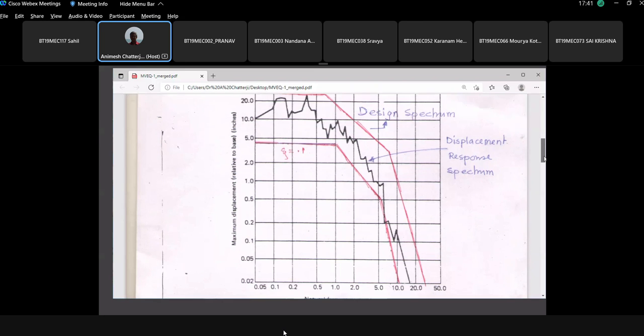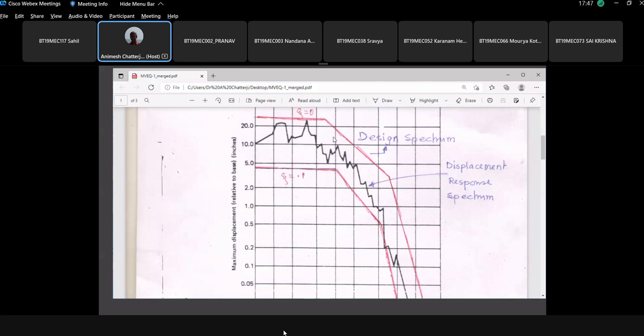And these are the peak values. But this peak value was for zero damping. The simulation was done for zero damping. Now, with damping, the amplitude will be lower and lower.